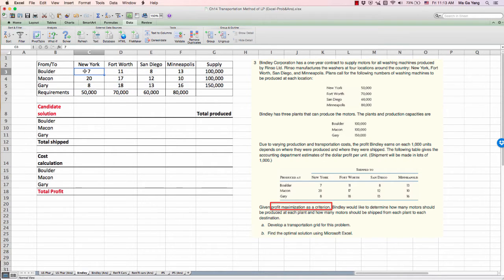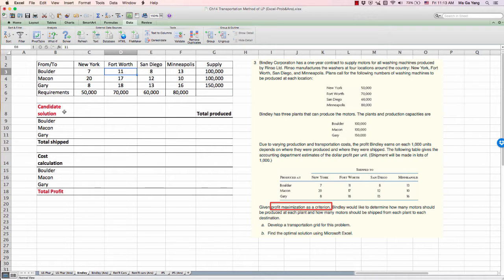So that's $7 per unit, times 1,000 units, so $7,000. Profit will be made if you ship from Boulder to New York, something like that. So $11,000 to make from Boulder to Fort Worth.